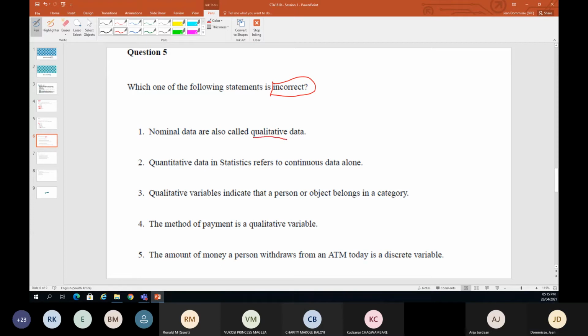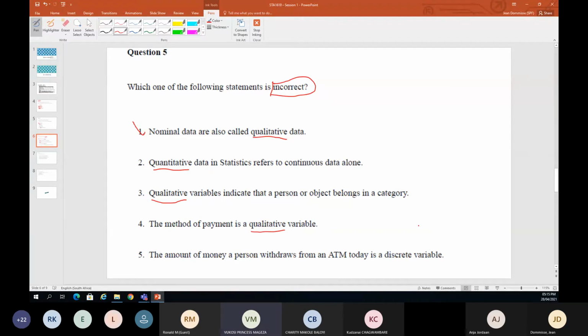Yes. So the first one would be correct, because nominal data are also called qualitative data, as per the notes that you gave us. Okay, great. And then the second one talks about quantitative data.